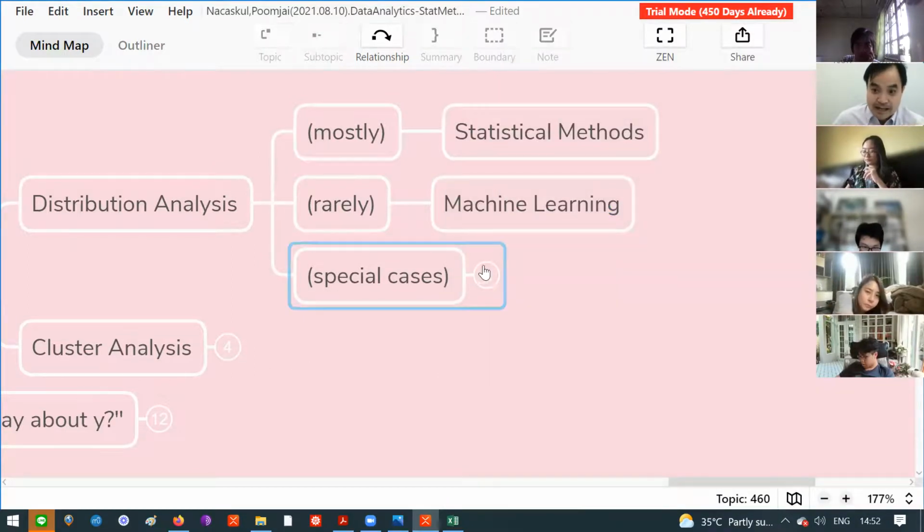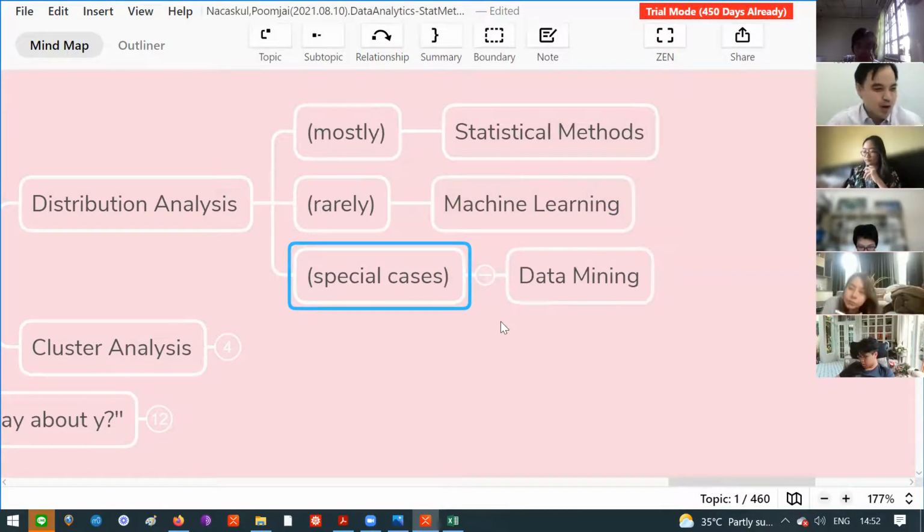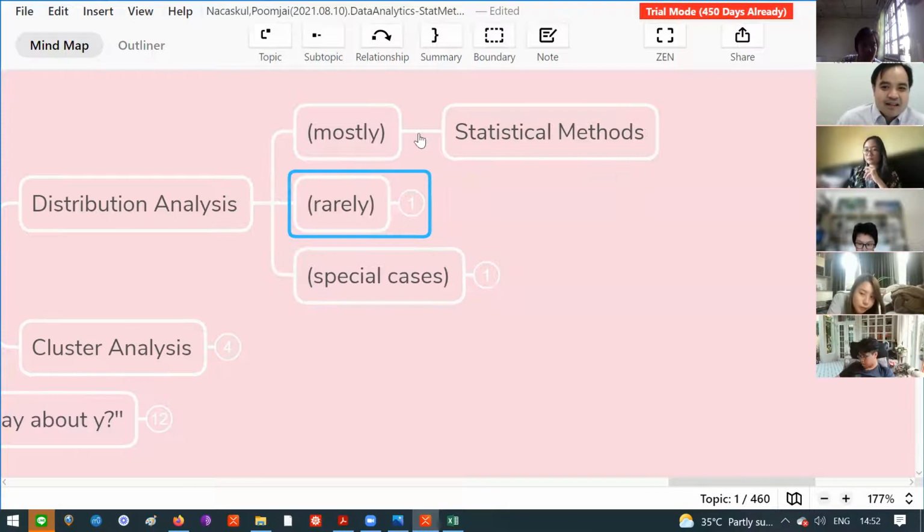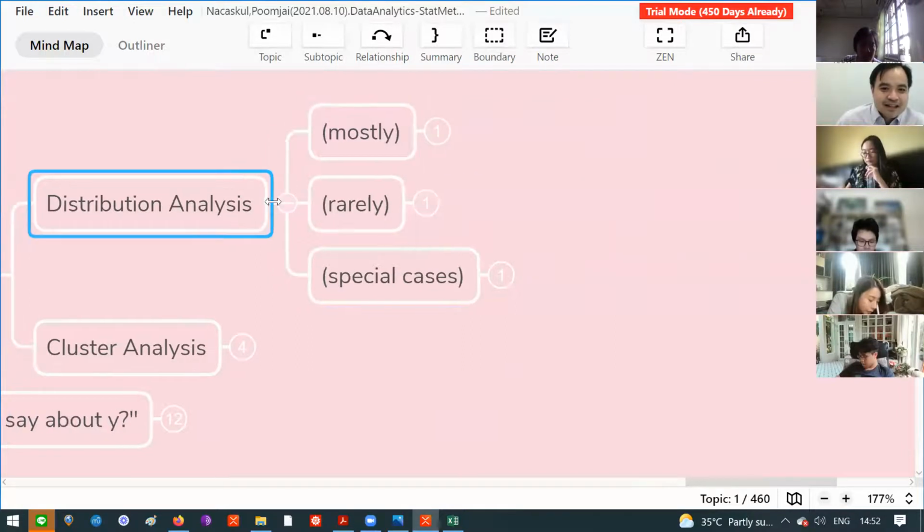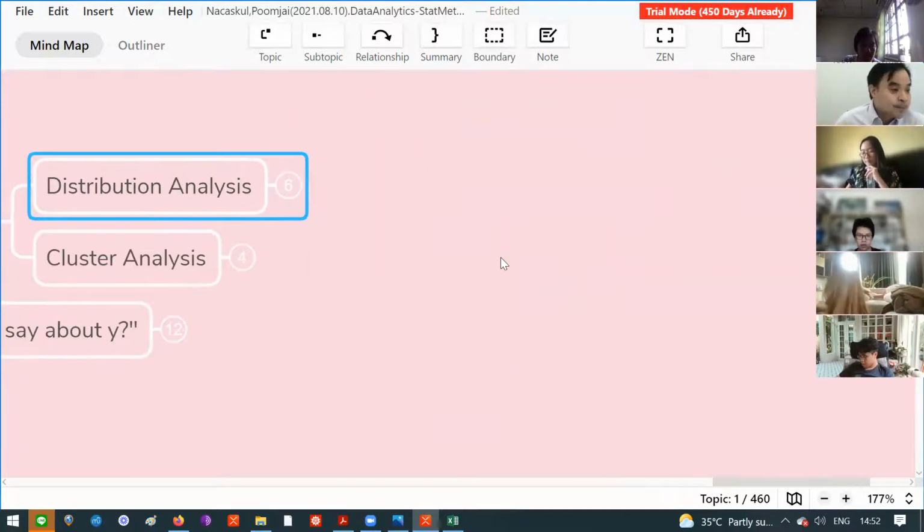In special cases, you do what's called data mining. I will talk about that. So this is how you answer where things are. Again, you're making inference on a small group of people to make inference about the big population. So you collect 3,000 COVID patients and you make inference about all the COVID patients.